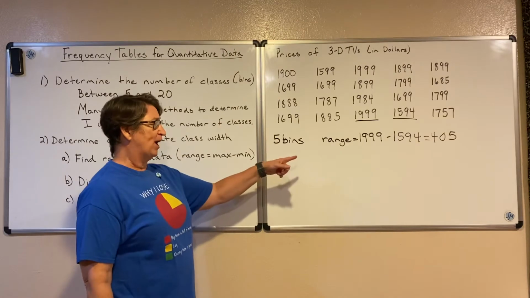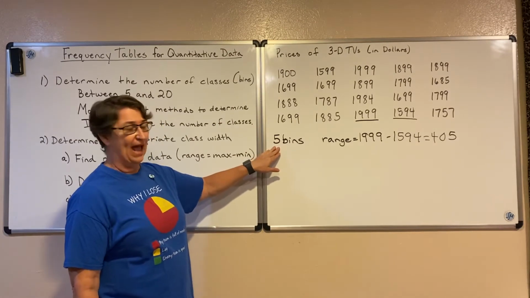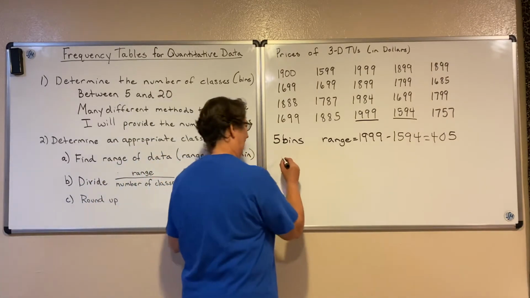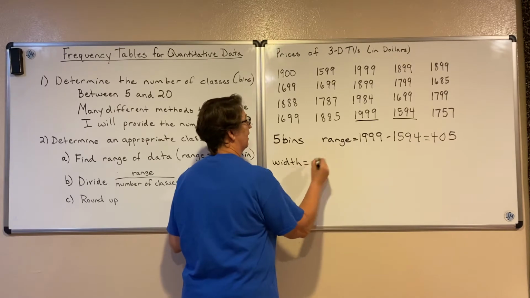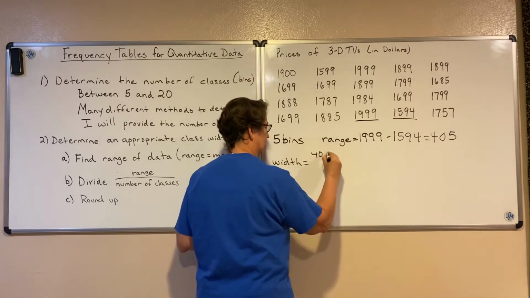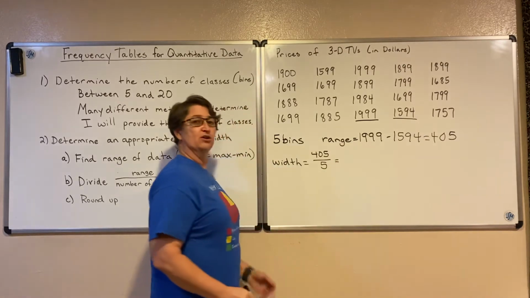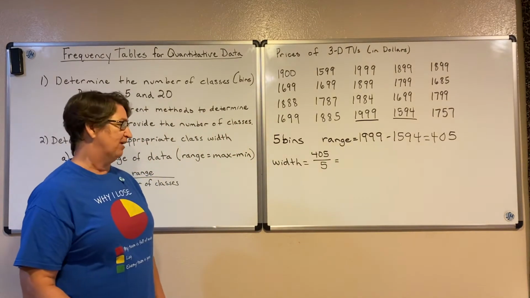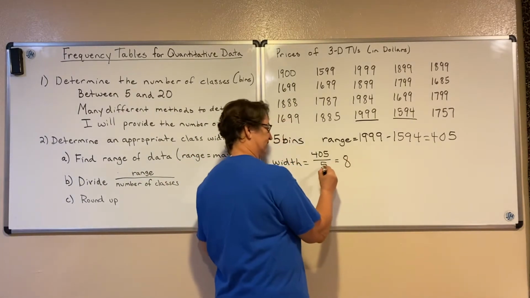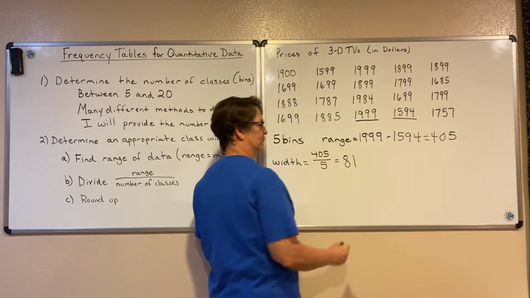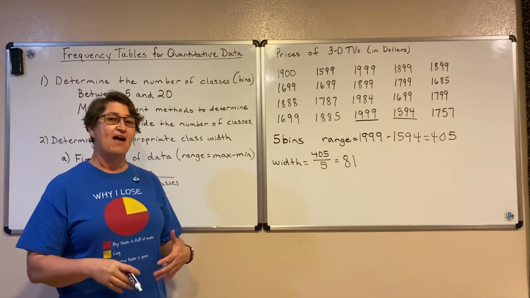Then once I have my range, I'm going to divide it by the number of classes or bins that I'm going to have. So to find the width, I'm going to take my range and divide it by the number of bins or classes. So I divide 405 by 5. 5 goes into 40 8 times. 5 goes into 5 1 time. So my classes need to be at least 81.